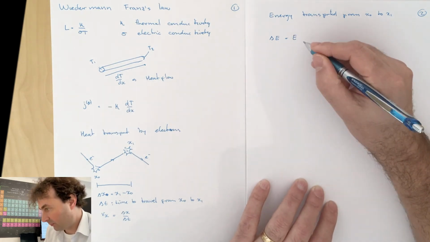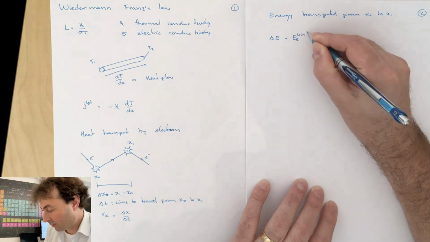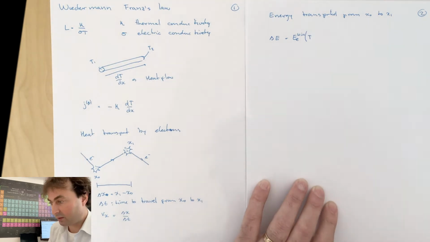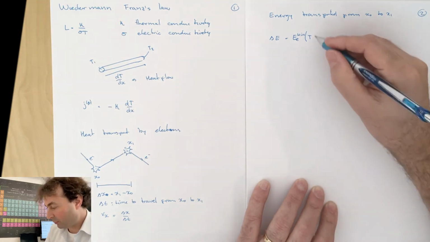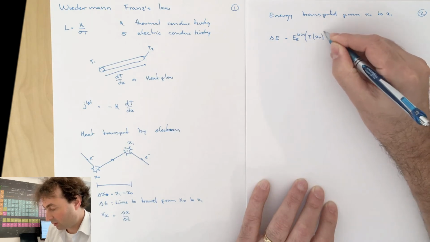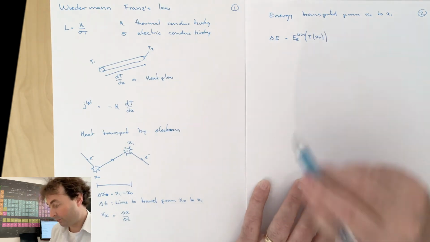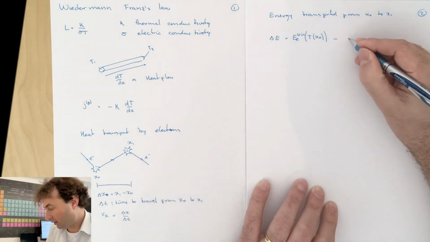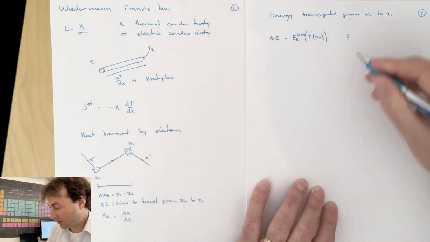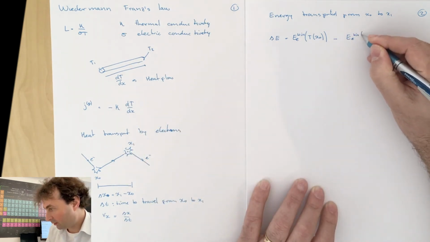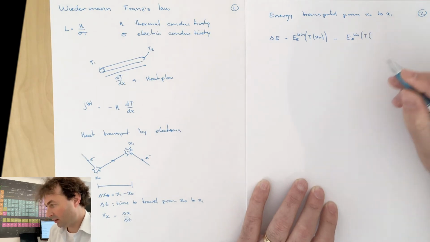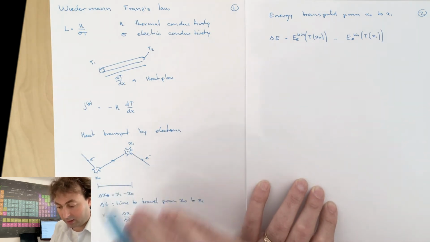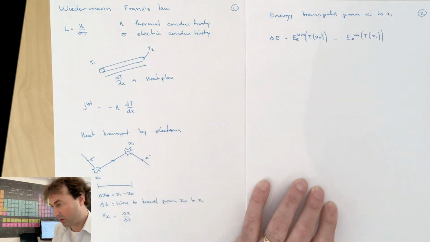So we have the kinetic energy that we have at point x1, and the kinetic energy that you get after a scattering event in the Drude model is a function of the temperature, which is a function of position. So that is the amount of kinetic energy that is transferred from position 0 to position 1.